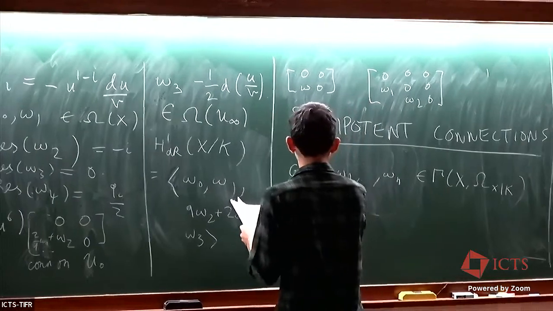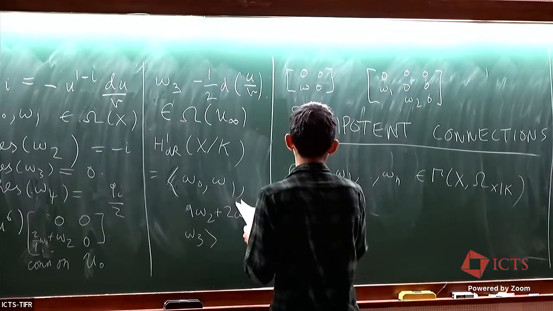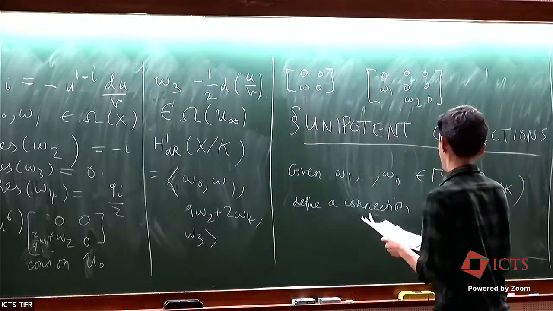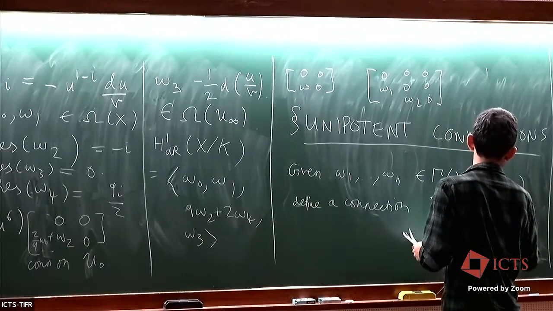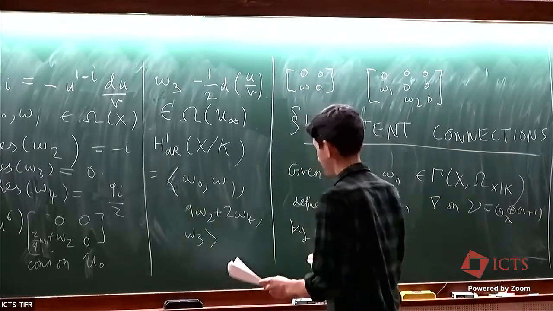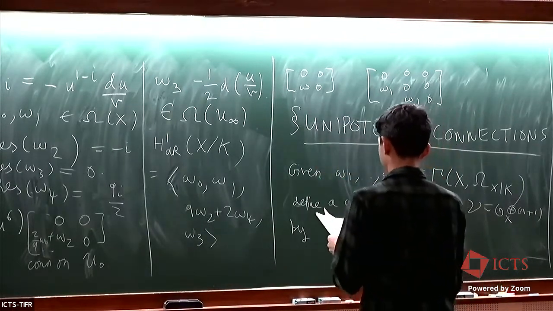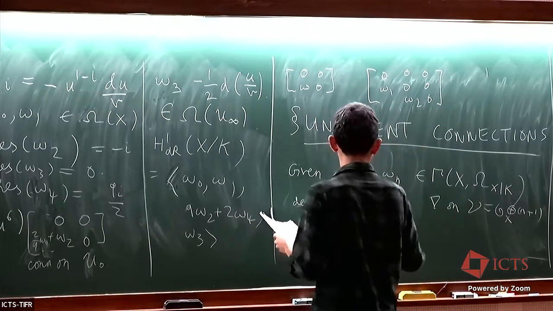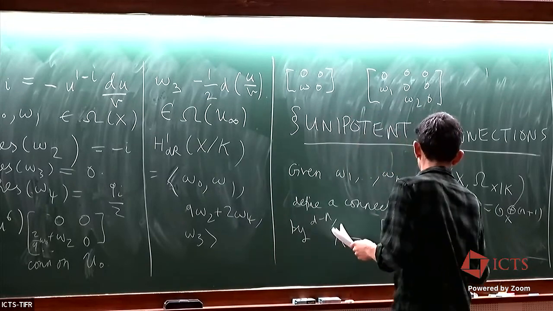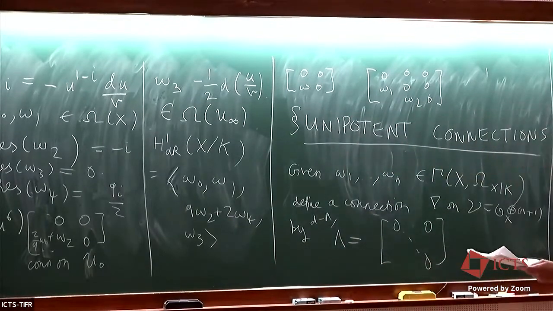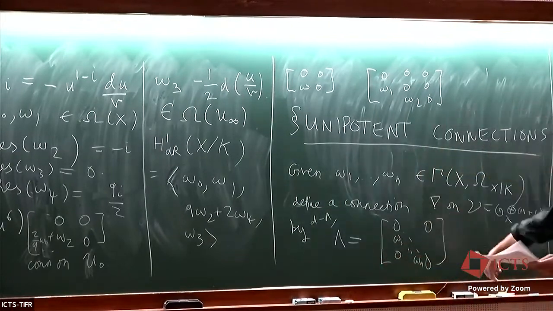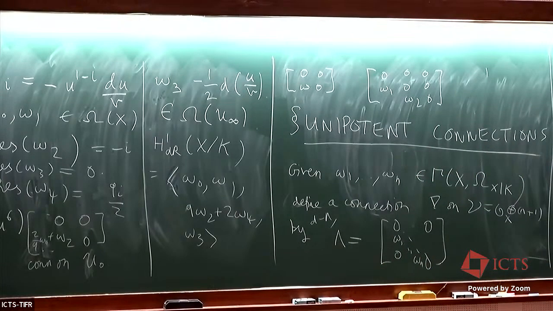And then we're going to define a connection nabla on V equals O_X to the n plus 1 by d minus lambda, where lambda is equal to this lower triangular matrix in omega 1 up to omega n.